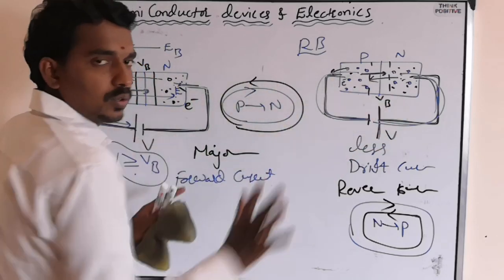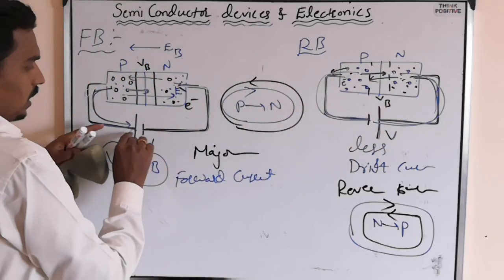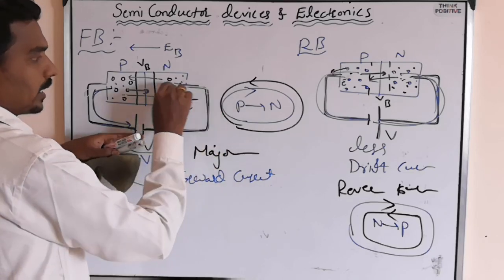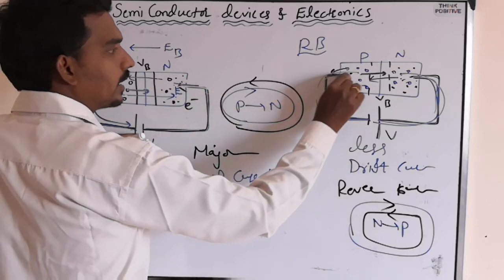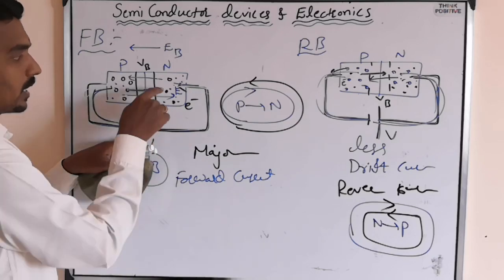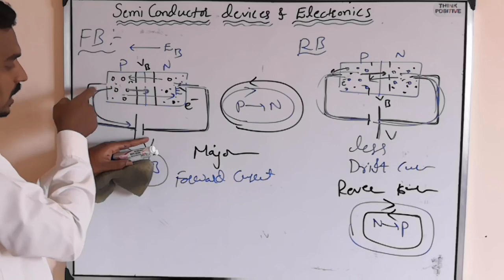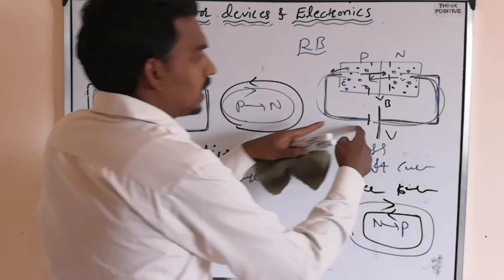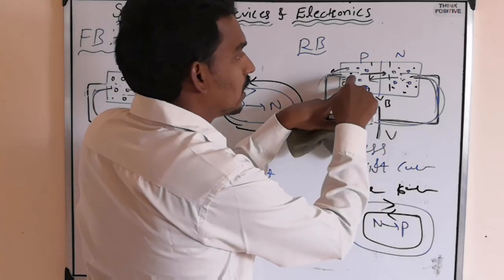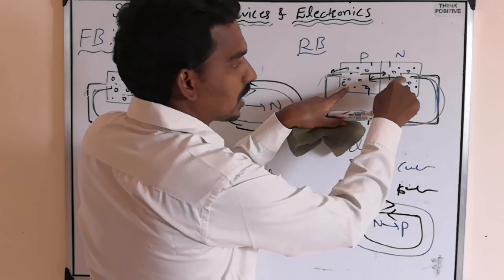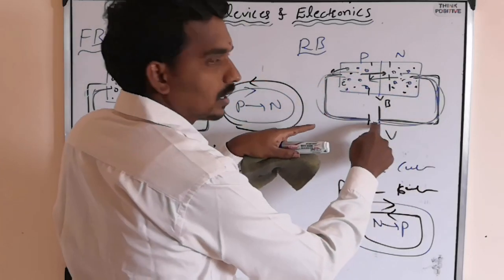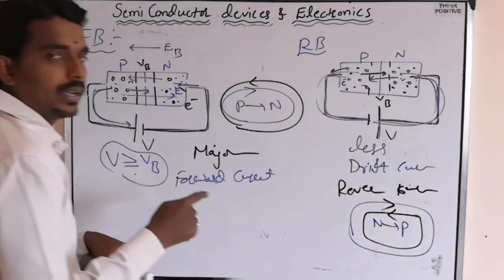And here also, what happens? See, electron enters from the negative terminal. But here majority charge carriers are entering, and that electron will enter here. But here the same electron will enter, but minority charge carriers are coming here, and that electron will come here. So that charge flow is happening.